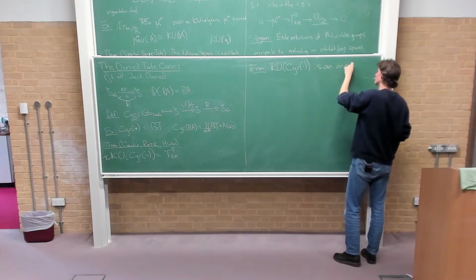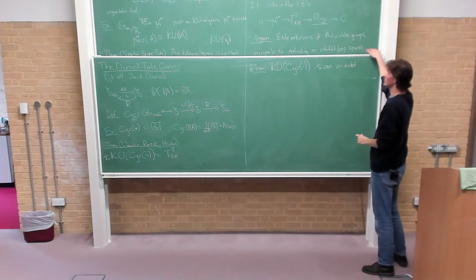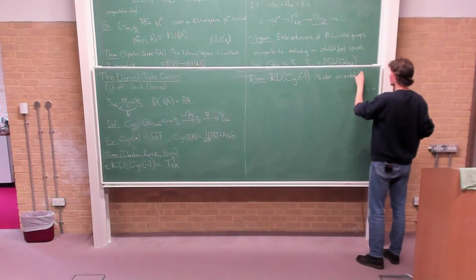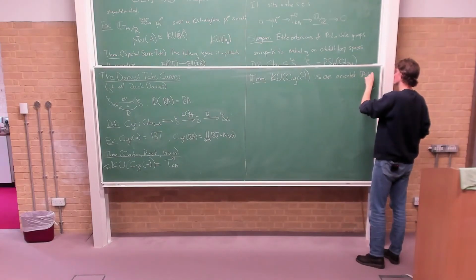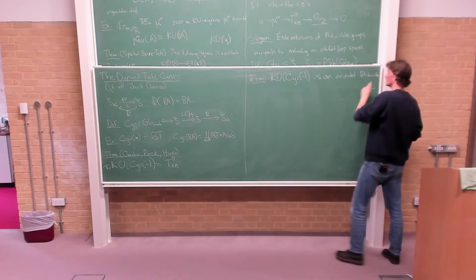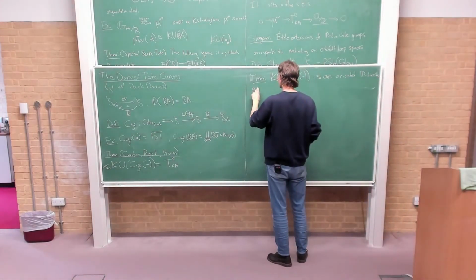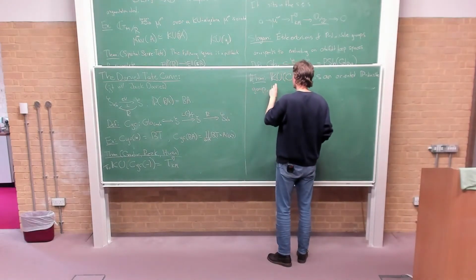You have to do an exact proof. After all these reductions are said and done, we prove that this is an oriented p-divisible group.